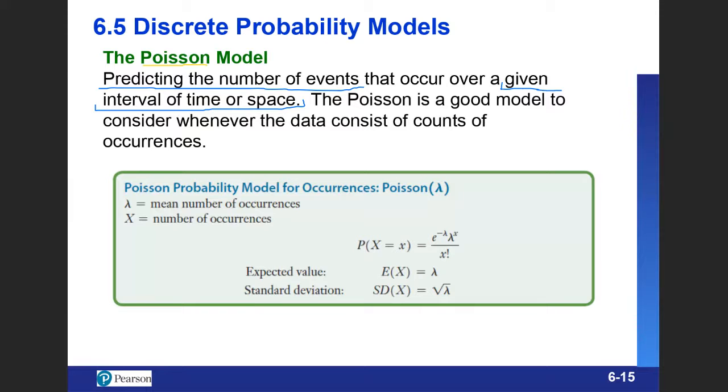Yes, Oscar, you're right. Shubham, you're right, it's the time. Specifically, I said crossing every hour. So you have to be able to identify what the time or the space is. Specifically it asked every hour. So that's your interval of time.